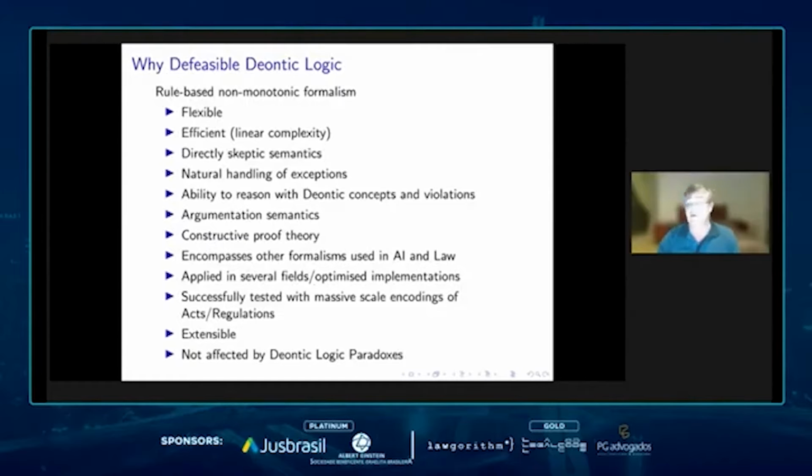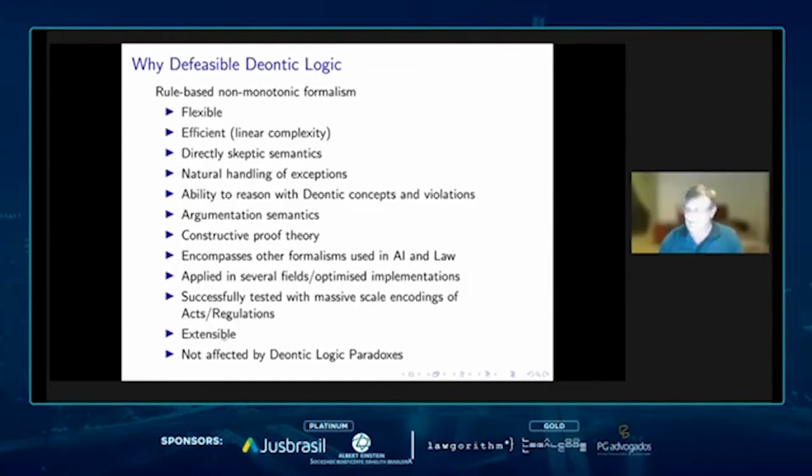We show that other formalisms often used in AI and law are just variants of the logic, with some differences. We have used it in different fields, and we have a couple of optimized implementations. Alice in the previous presentation discussed Turnip, one of the most modern implementations, though in some ways still partial. Also, as Alice mentioned, we've used defeasible Deontic logic in several massive scale encodings of acts and regulations.